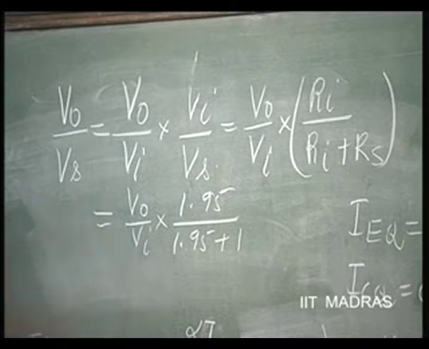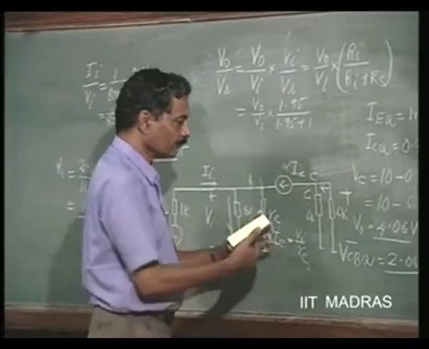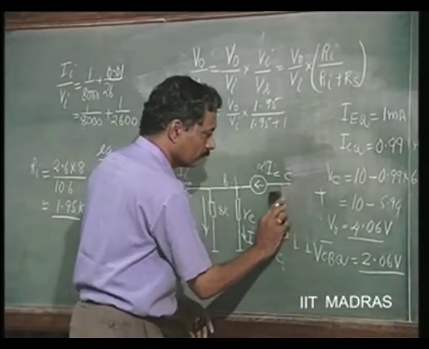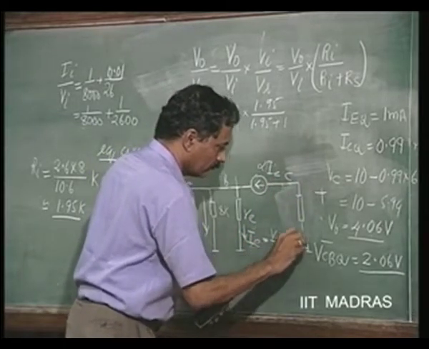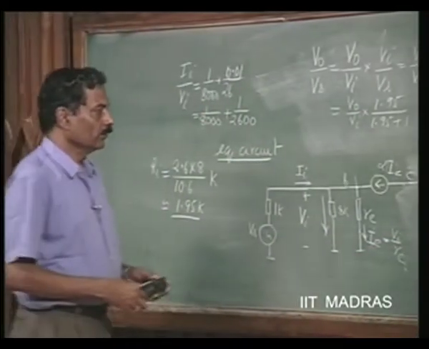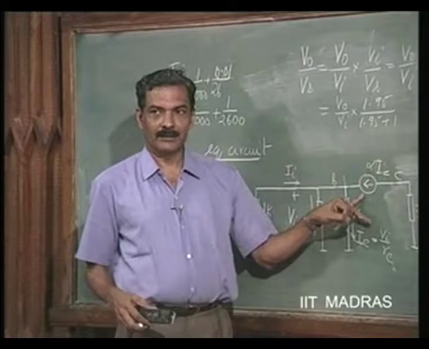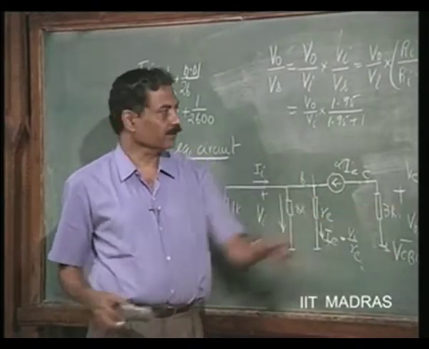Now what is V naught by Vi? This also we have already determined earlier, but we will again illustrate. This 6K parallel 6K is 3K. So alpha IE into 3K is minus V naught.